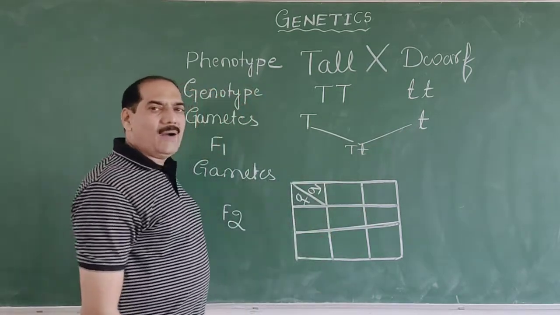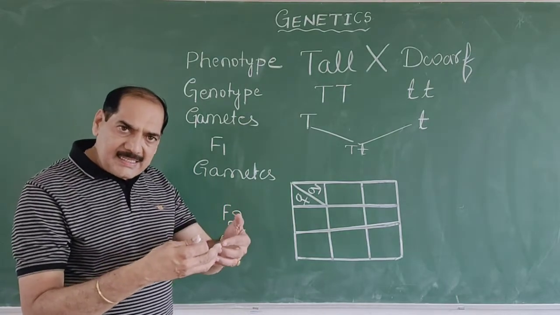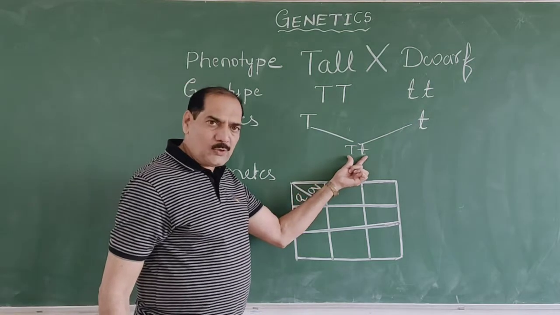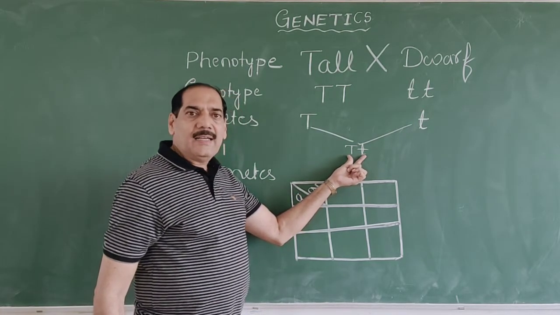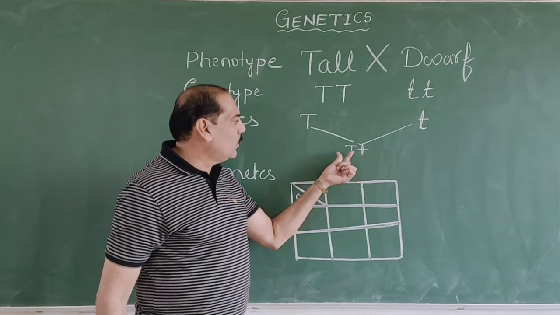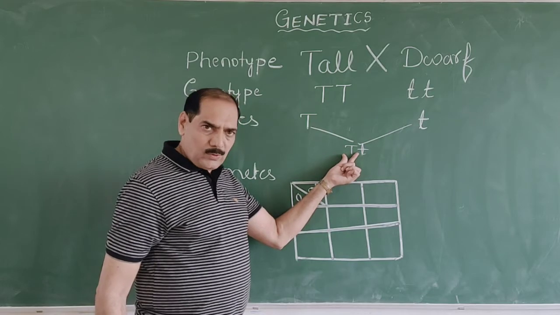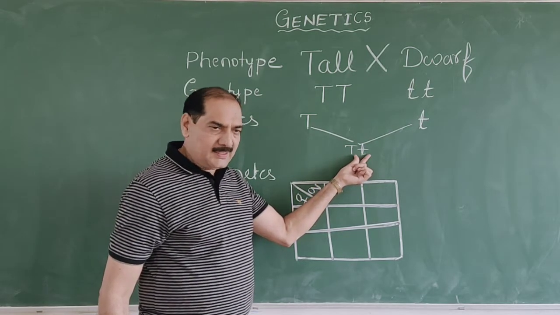Again, that pair of factors are associated in a zygote. Here also there are a pair of factors, but these are unlike. One is capital T, that is a tall character, another one is a dwarf.